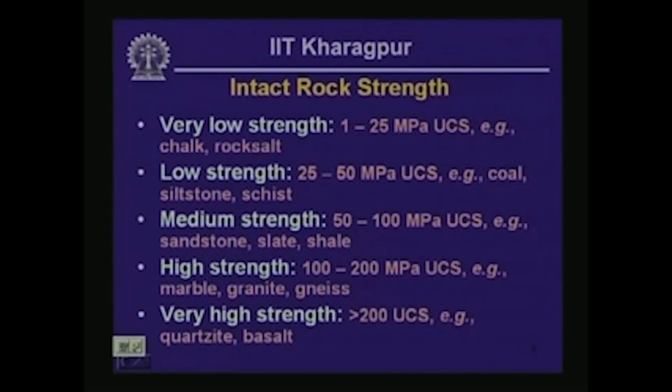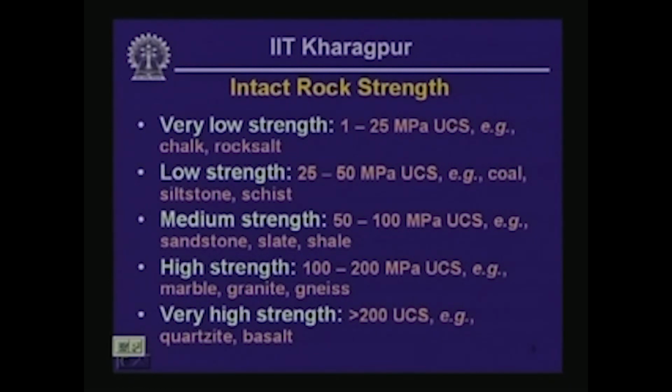Examples of this category are chalk and rock salt. Then you could have low strength rock with UCS between 25 and 50 megapascal. Examples include coal, siltstone and schist.